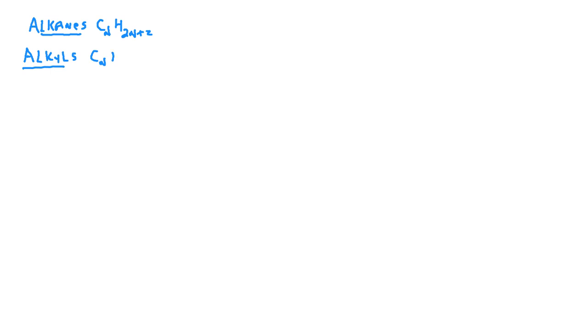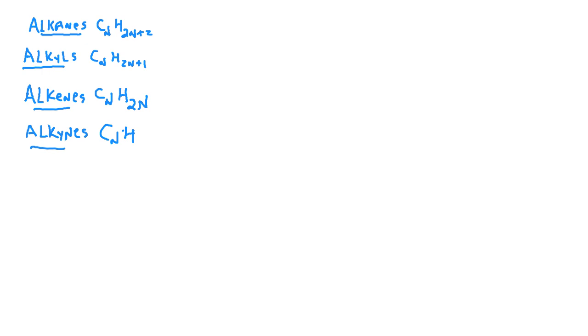And then we did the double bonds, alkenes. That was simply N carbons, and then twice the number of hydrogens. And then finally, the triple bonds were alkynes. That was N carbons, and then the number of hydrogens, double that, and then subtract 2.